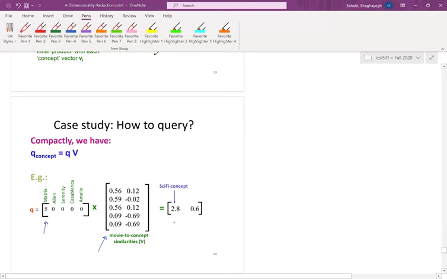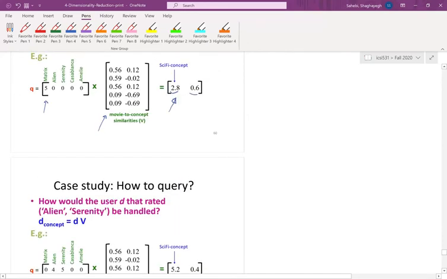So as a result, I will get concepts here, right? The importance of each of the concepts. So after I did that, I will get the importance of such a user in the sci-fi concept, or the similarity of such a user to the sci-fi concept and to the romance concept.